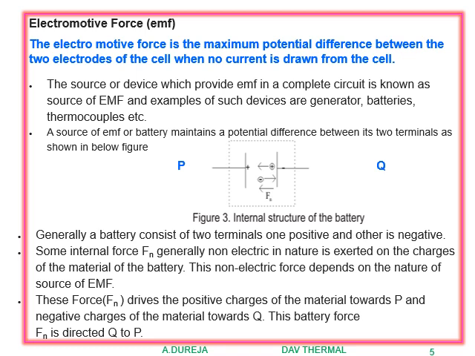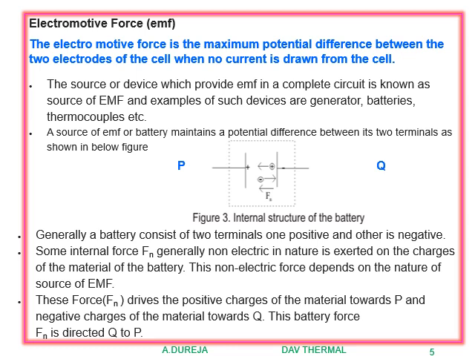The electromotive force of a source is the amount of work done by the source in taking a unit positive charge from lower to higher potential. Here in figure 3, the internal structure of the battery is represented.